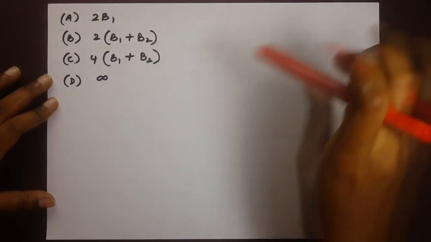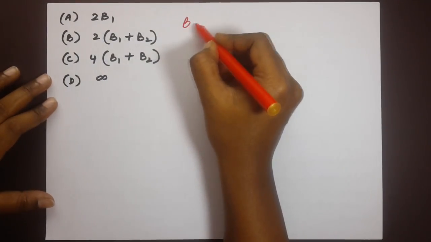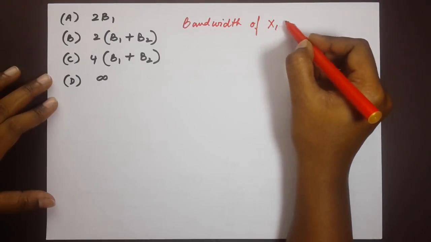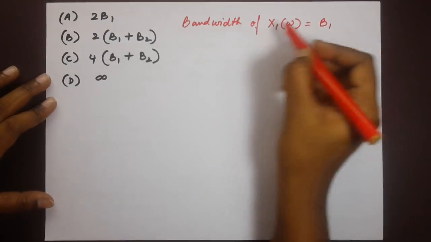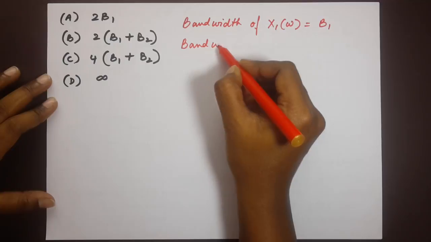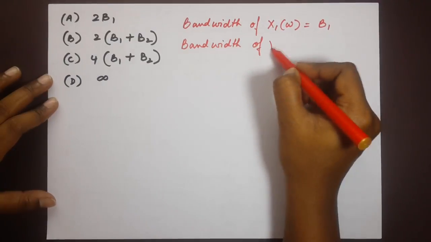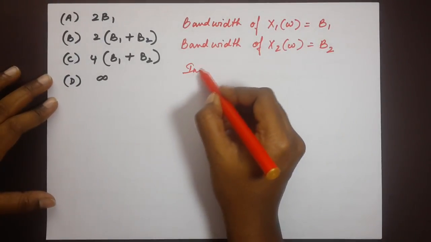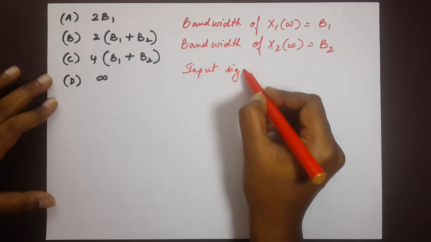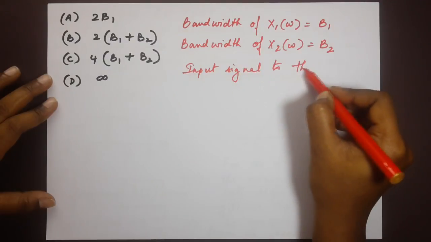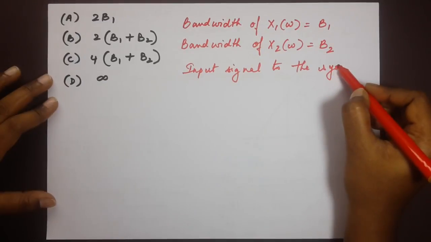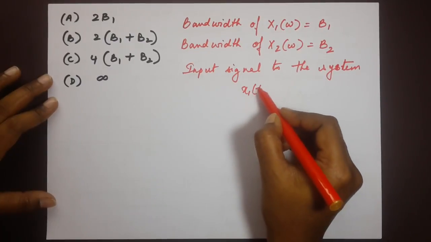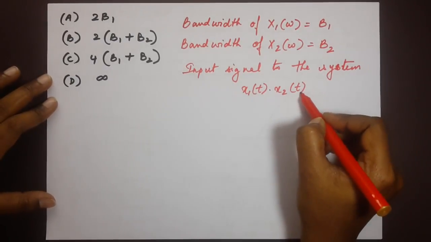Okay, so we have the bandwidth of x1 of omega is B1 and the bandwidth of x2 of omega is B2. And we also have that our input signal to the given system is x1 of t into x2 of t.